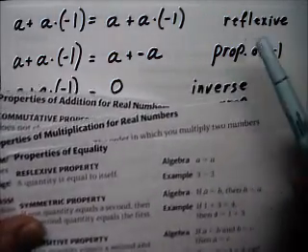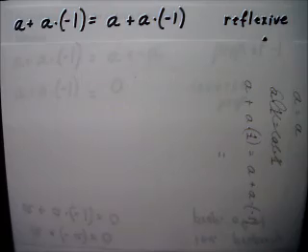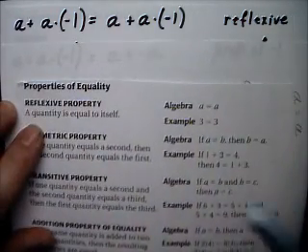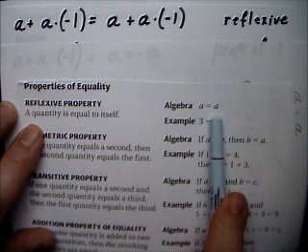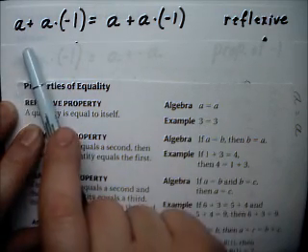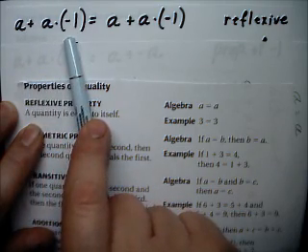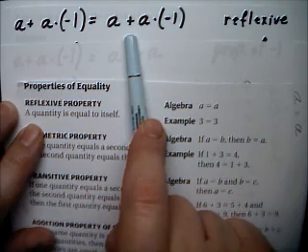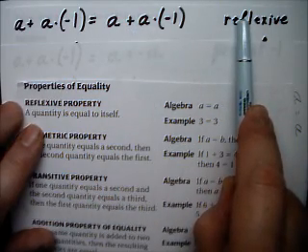So here I started with the reflexive property. And with the reflexive property, you can start out with anything. See, the reflexive property says a equals a. Well, I said a plus a times a negative 1 equals itself. And I can say that by the reflexive property.